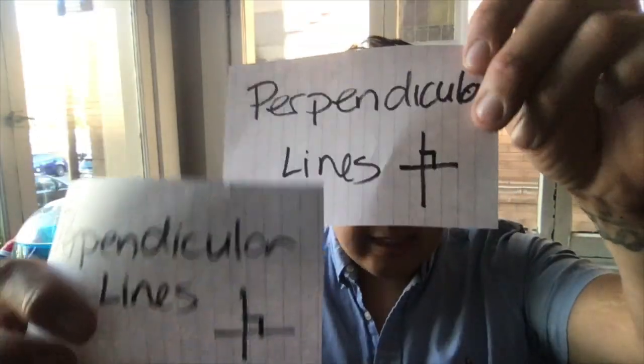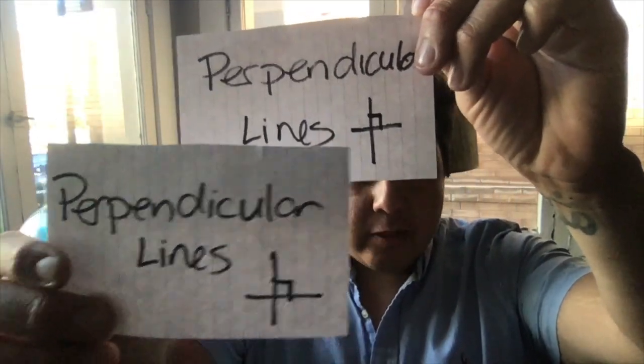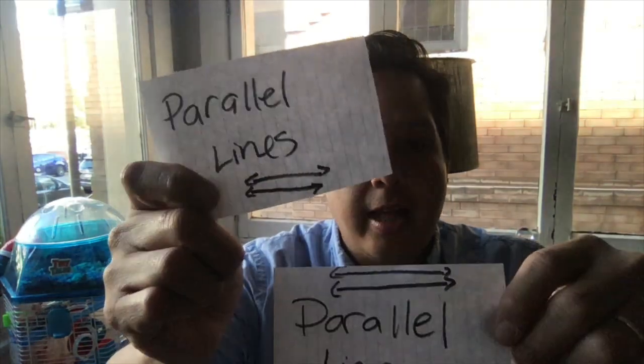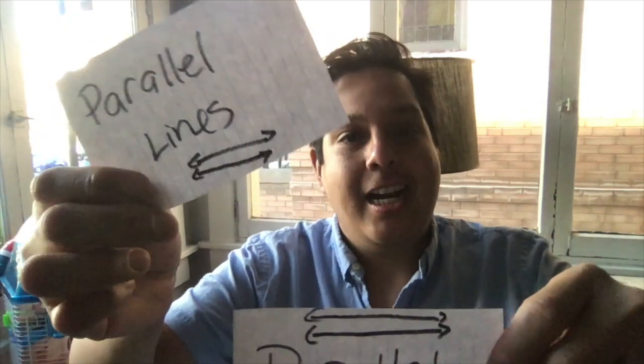I've also included little drawings of what each type of line is. So for the perpendicular line, I made intersecting lines that create 90-degree angles. And then for the parallel lines, I just drew 2 lines. They're really badly made, I'm so sorry. But these are lines that have a constant distance between them all the way, okay?